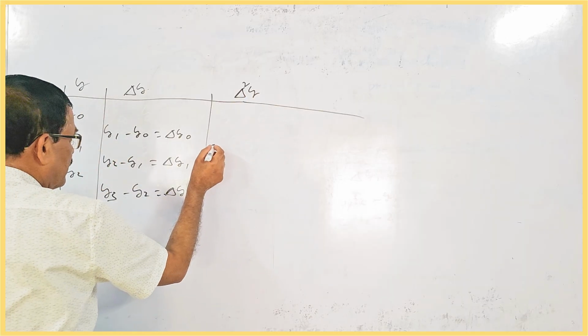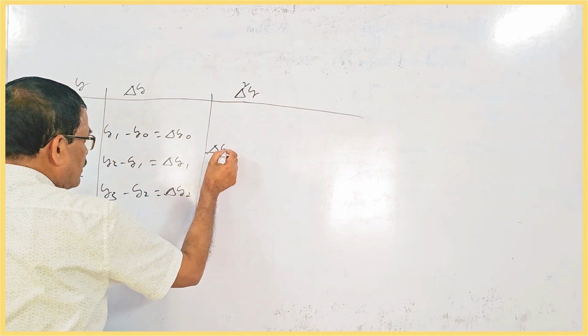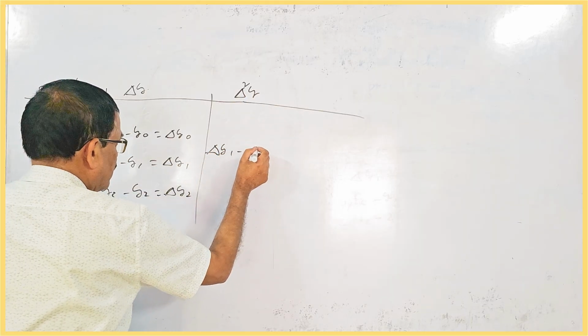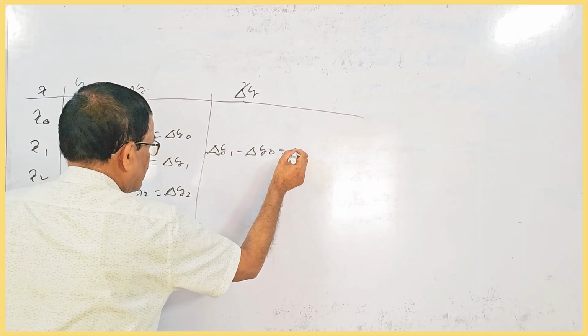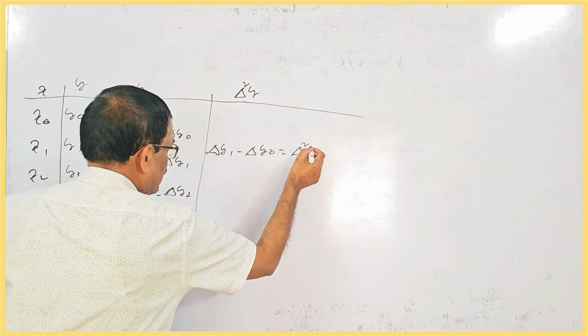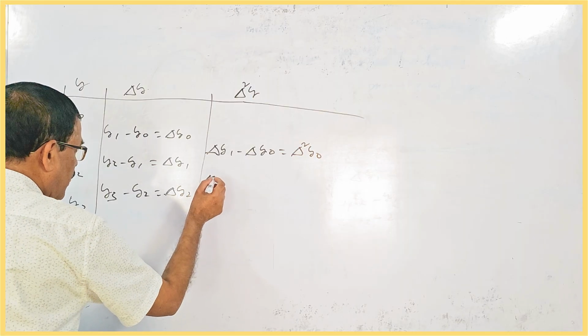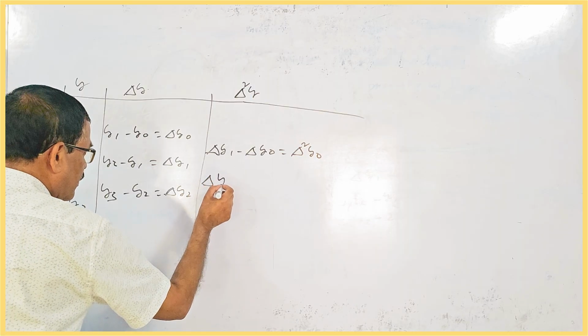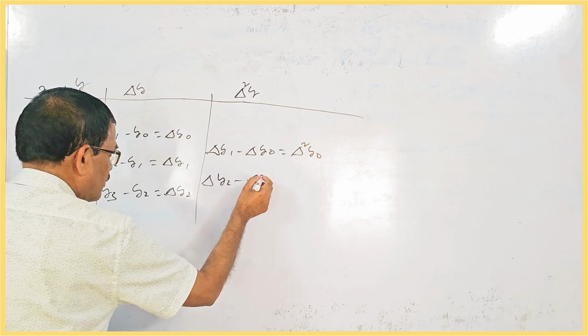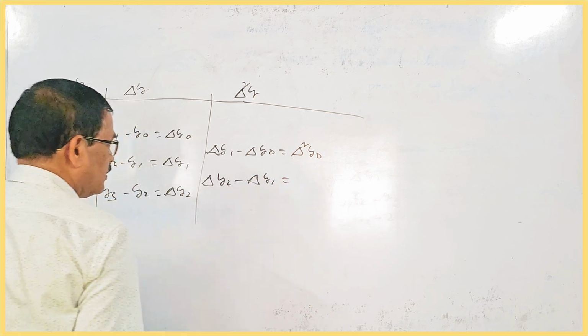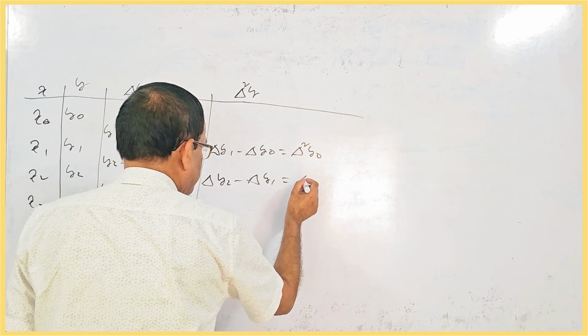Delta y1 minus delta y0 equals delta square y0. Similarly, delta y2 minus delta y1 equals delta square y1.